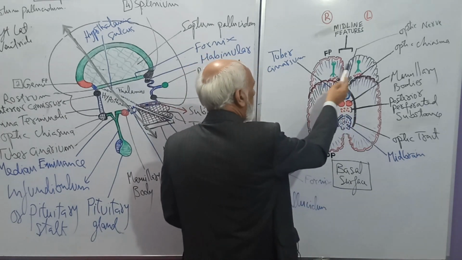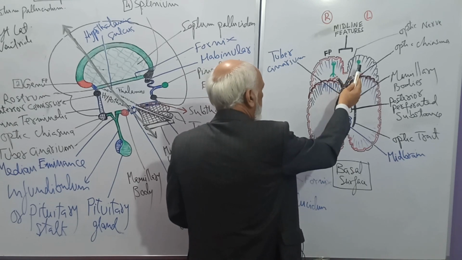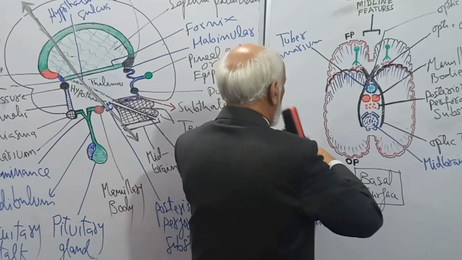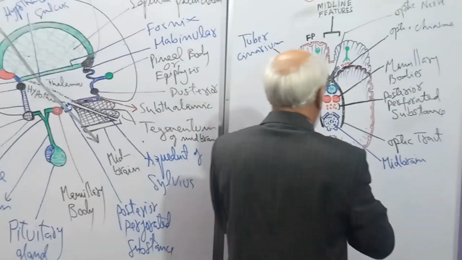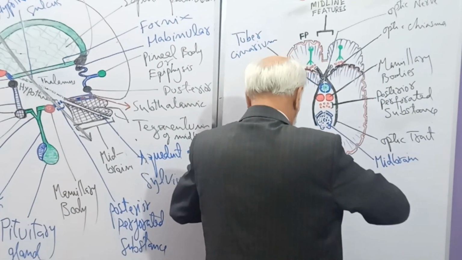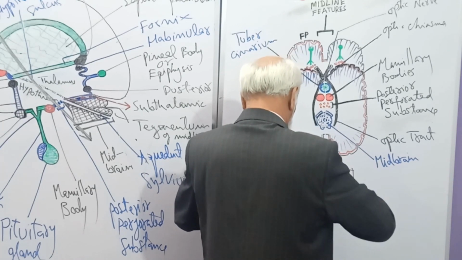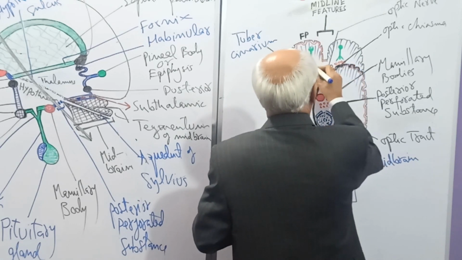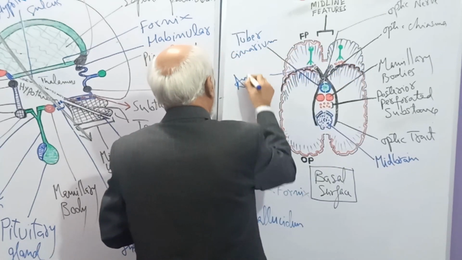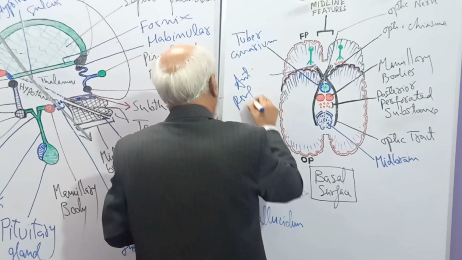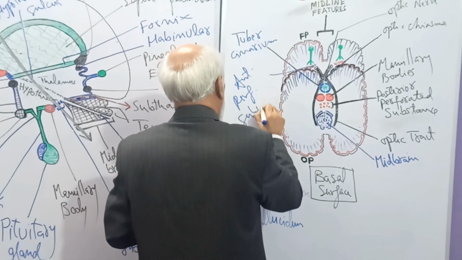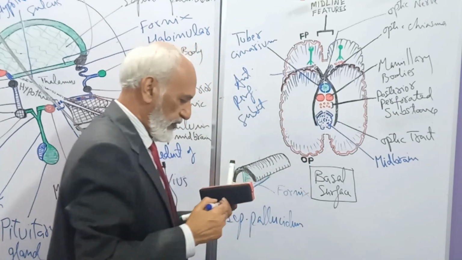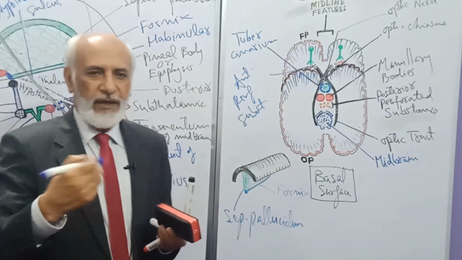You can see here the olfactory bulb, olfactory tract, striae, and behind the striae on each side is the anterior perforated substance.